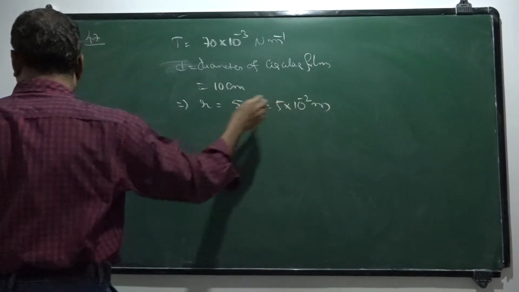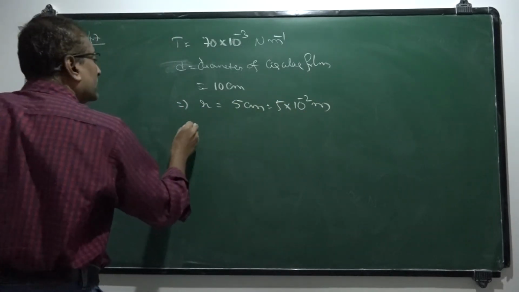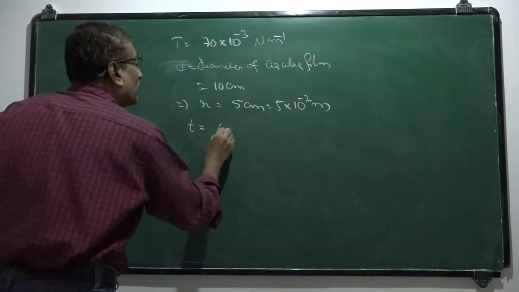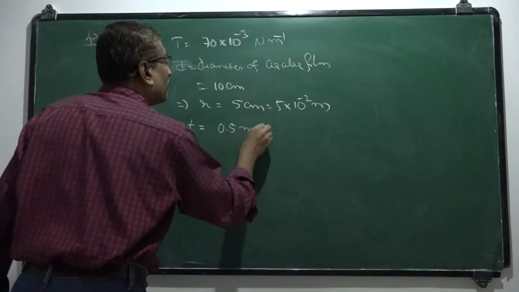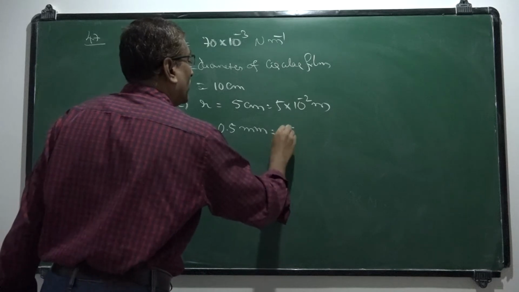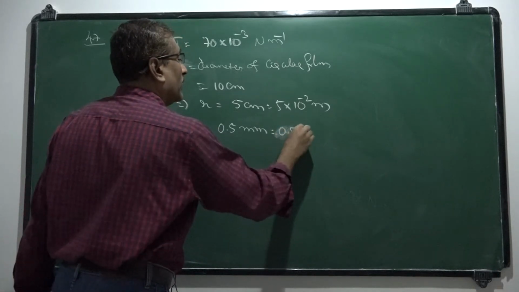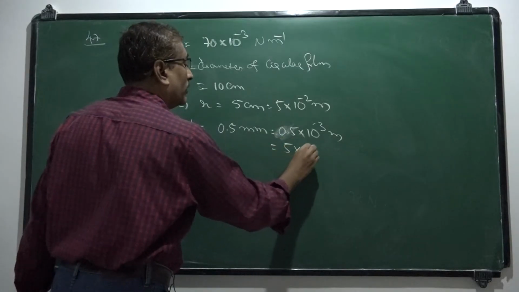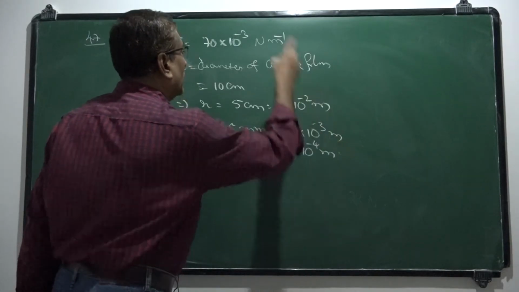And next, the thickness of the film is given as t, 0.5 millimeter, that is 0.5 into 10 power minus 3 meter, that is 5 into 10 to the power minus 4 meter.